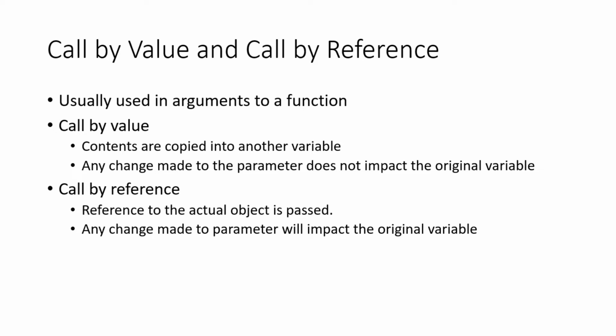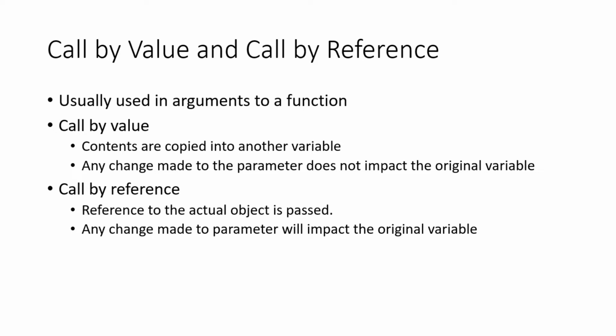When you call a function this way and you pass in those two arguments, a copy of those two arguments gets passed to the function. Any changes you make to those parameters in the function do not impact the original variable. And not to worry if you're getting confused, you're going to see an example that's going to make this much clearer.